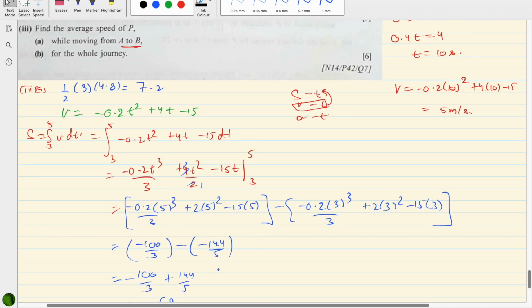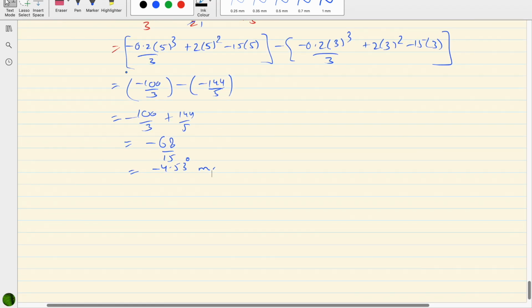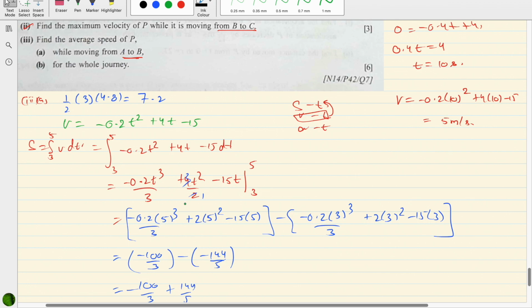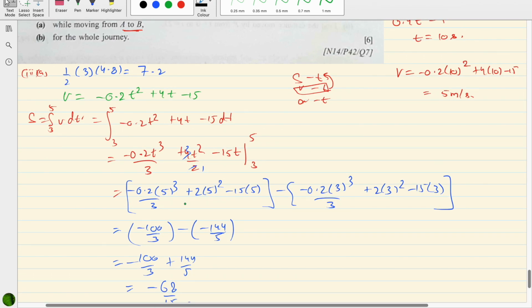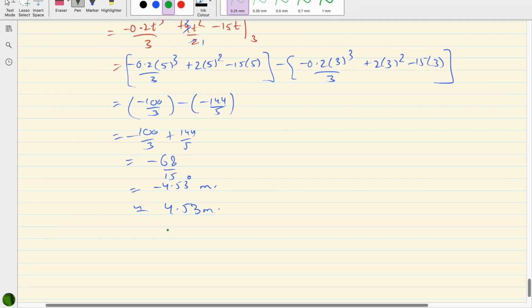Now we are going to change this negative sign into positive. This is just because it is below the x-axis that it is negative, and distance cannot be negative. So therefore it is 4.53 meters. Now for the first part, average speed is total distance over total time. I have these two distances. First was 7.2 meters and the next is 4.53.